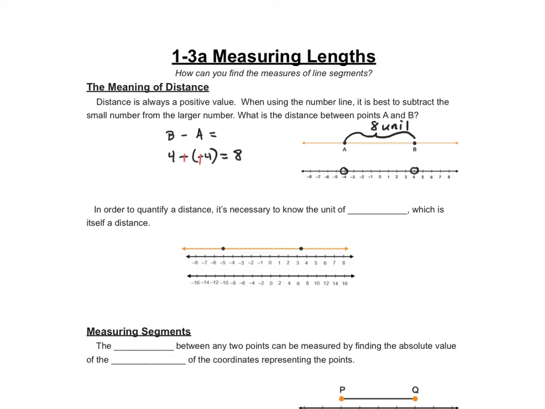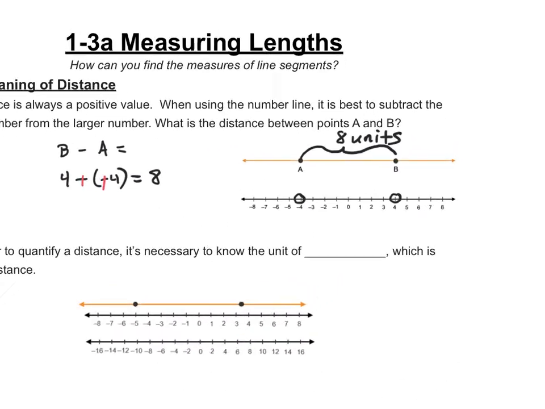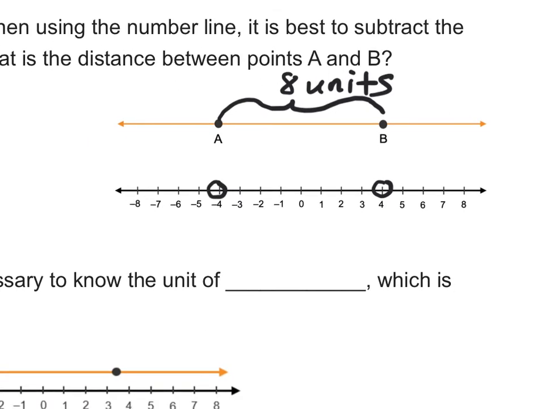Now, I've had some experience with my students having challenges with this because if we just count the number line, we start right here, and then our first step would be 1, 2, 3, 4, 5, 6, 7, 8. And there's 8 spaces between those two.